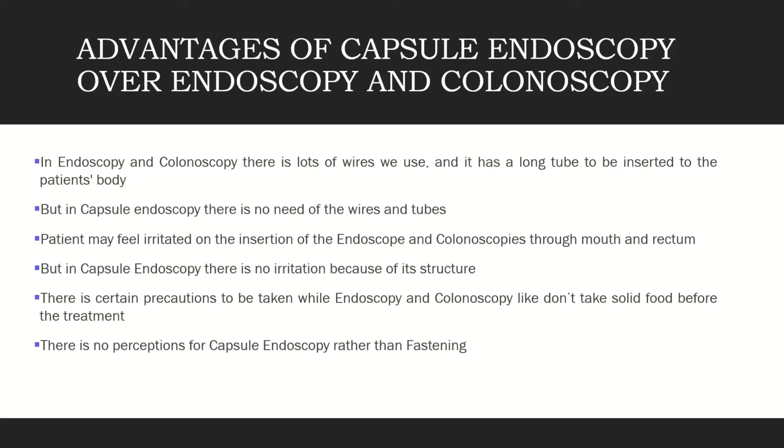Patients may feel irritated on the insertion of the endoscope and colonoscope through the mouth and rectum. But in capsule endoscopy, there is no irritation because of its structure. And there are certain precautions to be taken for endoscopy and colonoscopy, like not taking solid food before the treatment. There are no precautions for capsule endoscopy other than fasting.